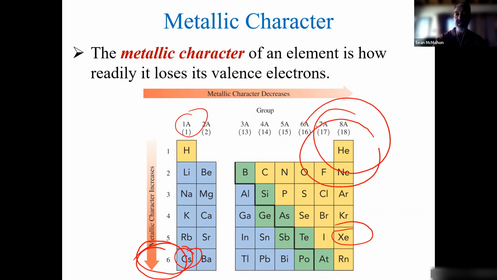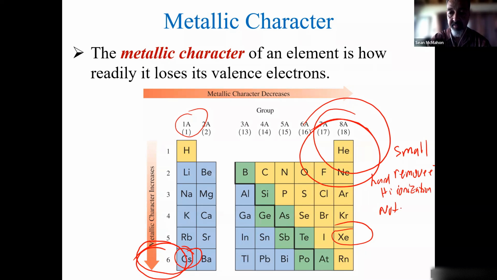This region is low in metallic character, but has a very high ionization energy. And it all has to do with size. These are really small atoms, so harder to remove electrons, right? So that makes them high ionization energy. Not metallic.